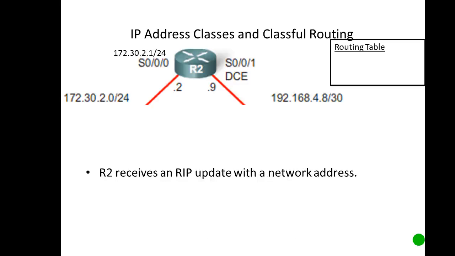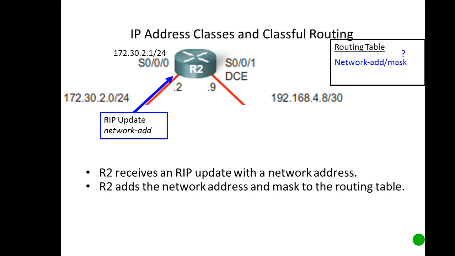When a router receives a RIP update with a network address, the router adds a network address and a mask to the routing table. But the problem is that with RIP version 1, since there is no mask information embedded in the routing update message, R2 has to make an assumption.